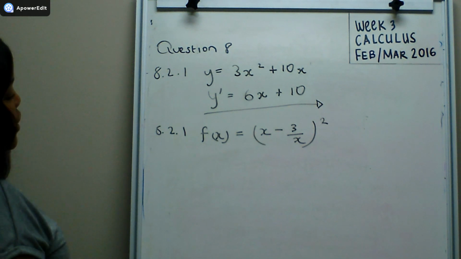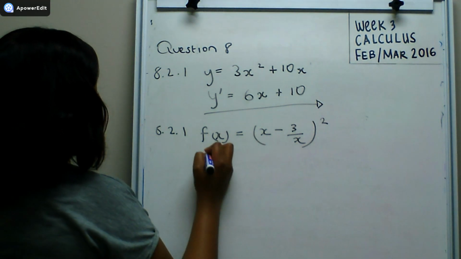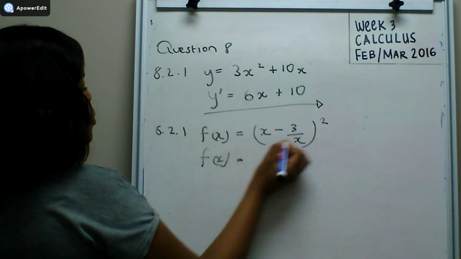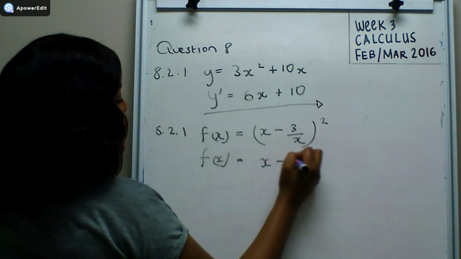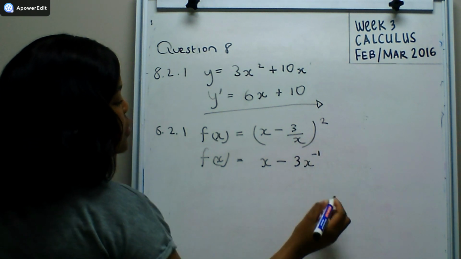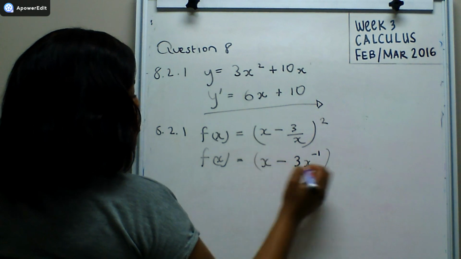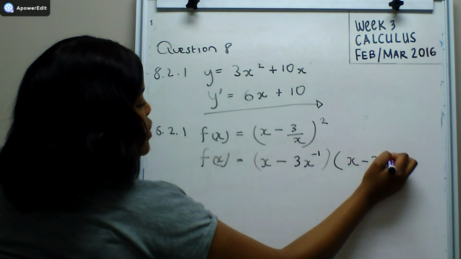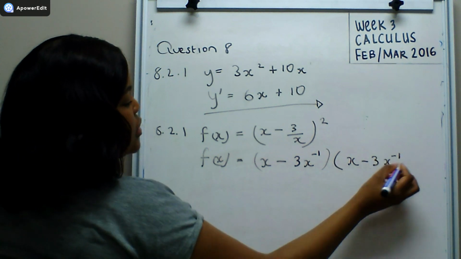So I'm just going to go ahead and differentiate this part of it. But first, with a question like this, I like to expand it before I actually start differentiating. And as you can see, I changed the 3 over x to 3x to the power of negative 1. That is more or less the same thing.